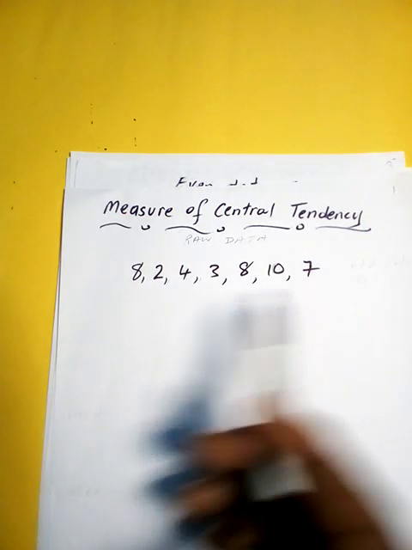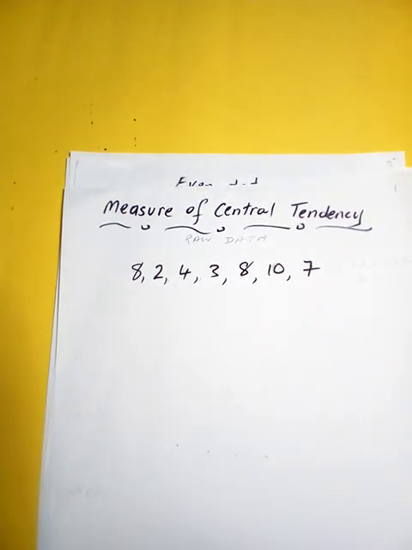So we're trying to find the measure of central tendency for raw data. But it's important to know that there are 3 measures of central tendency. We have the arithmetic mean, because there are different types of mean, which we commonly know as average.